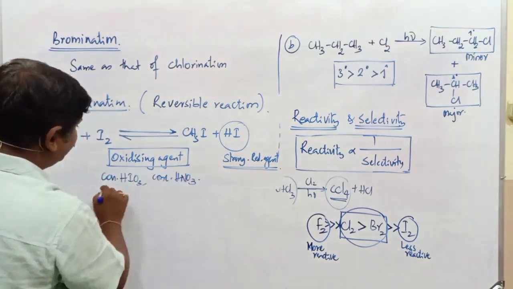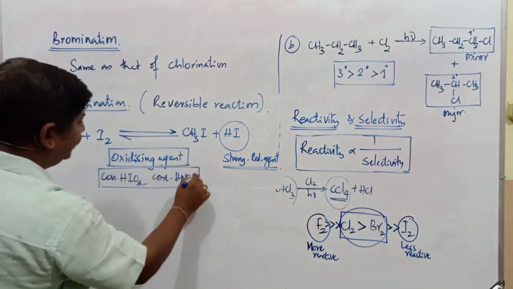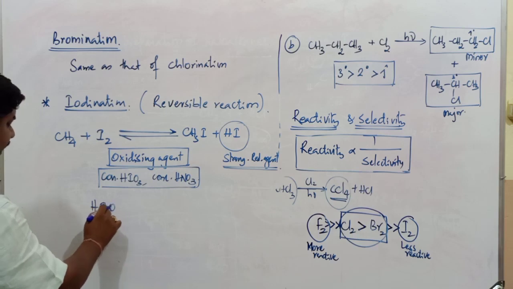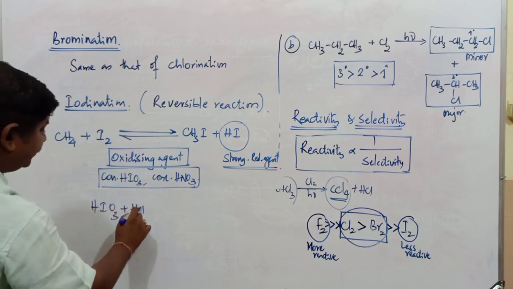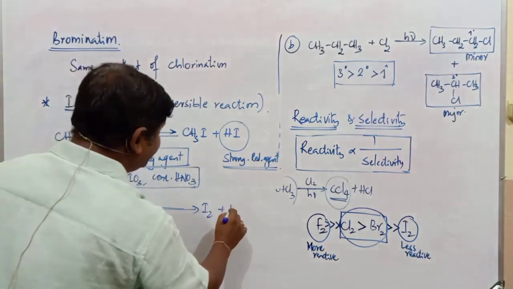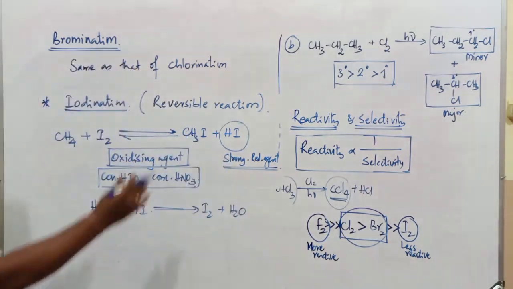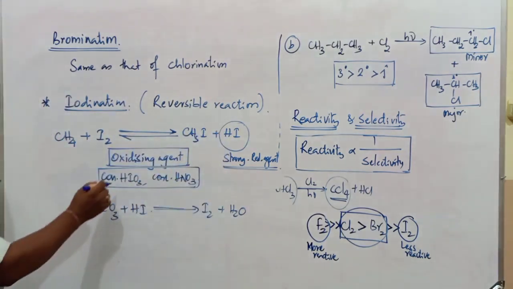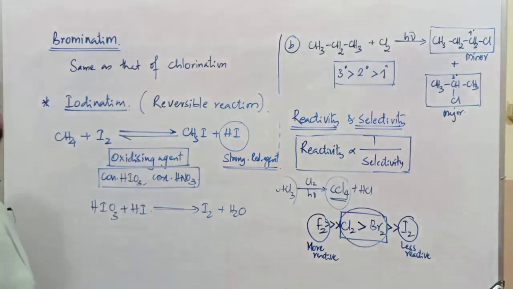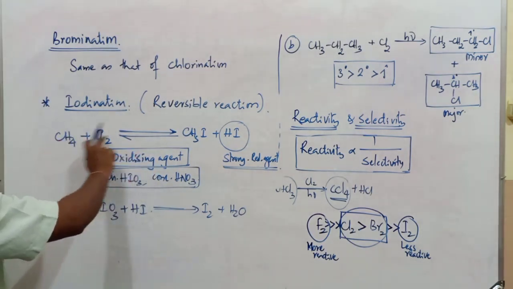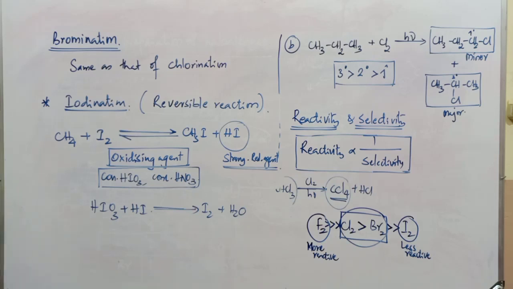These substances must be added in order to carry out the forward reaction, because HIO3 is the oxidizing agent which converts HI into iodine plus water. So the backward reaction does not take place, and it proceeds only in the forward direction if it is carried out in the presence of an oxidizing agent. If you do not add this oxidizing agent, the reaction is said to be a reversible reaction.